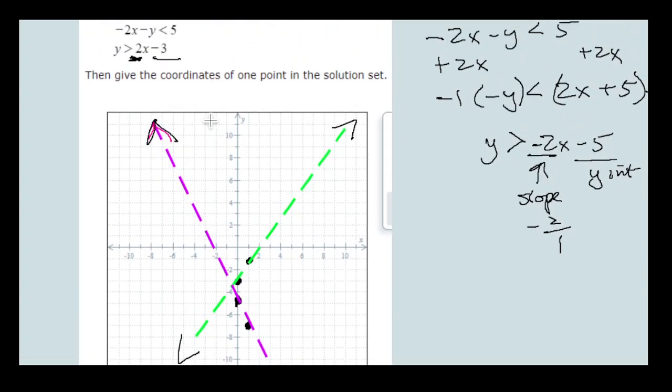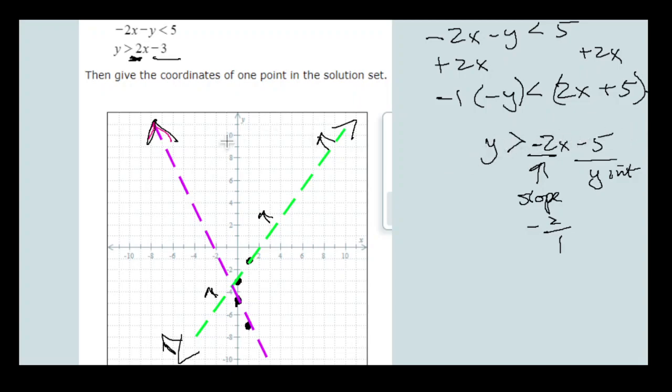All right, so the last thing we've got to do is just figure out how to shade this. So this one right here, y is greater than 2x minus 3, that's this one right here. It's above it, right? It's greater than, so you shade the top part of the line. So we're shading this area. And then this one, you have y is greater than -2x minus 5. Remember, you've got to look at the slope-intercept form to do this, because that trick only works with that.